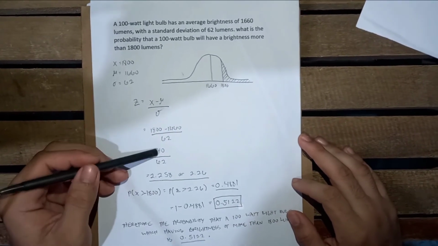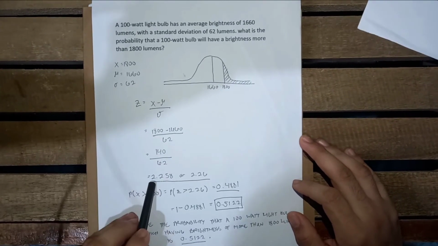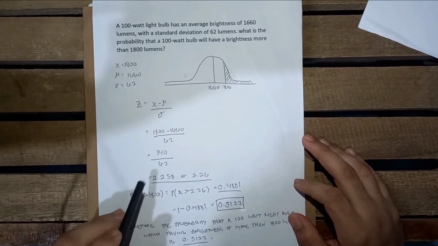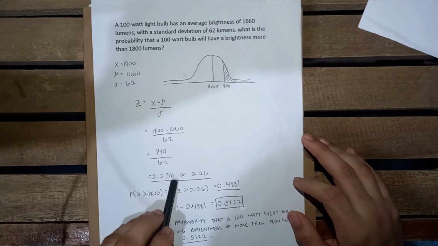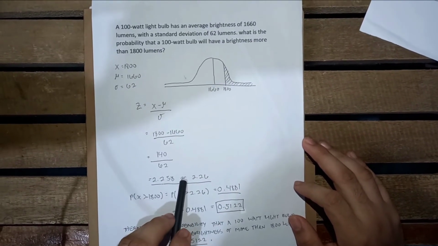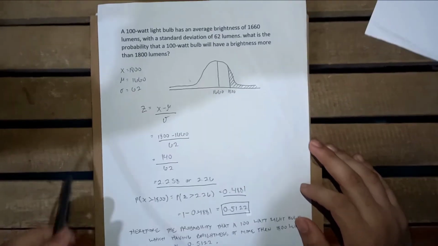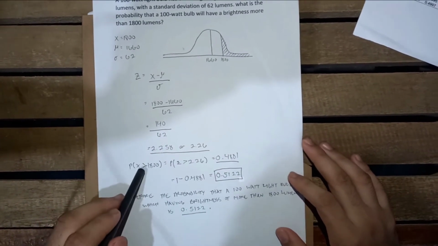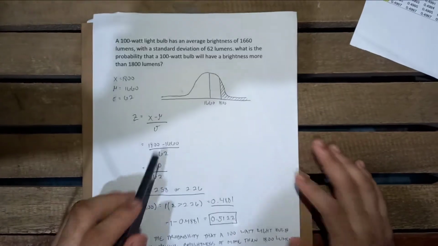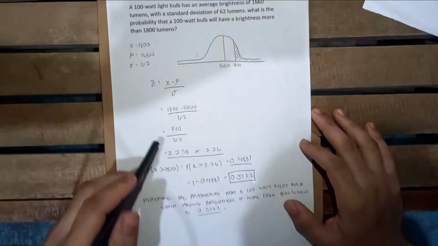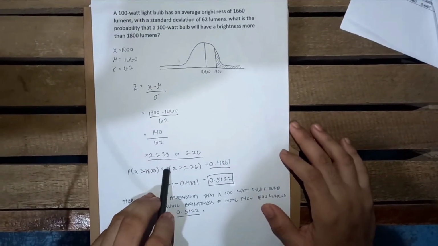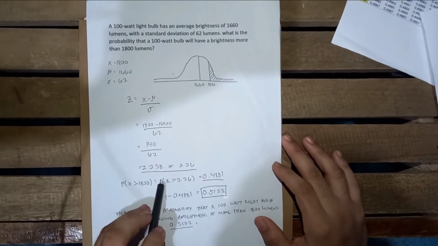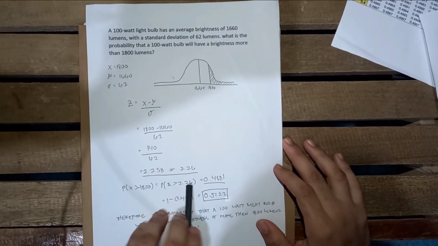We divide 140 by 62. The result is 2.258, which I will round off to 2.26. So P(X is greater than 1800), since it says more than, equals P(Z is greater than 2.26).